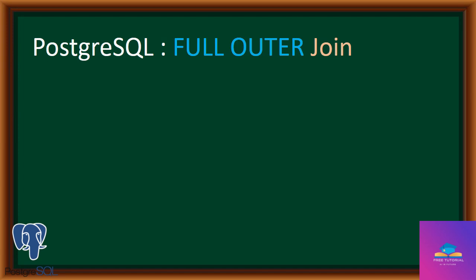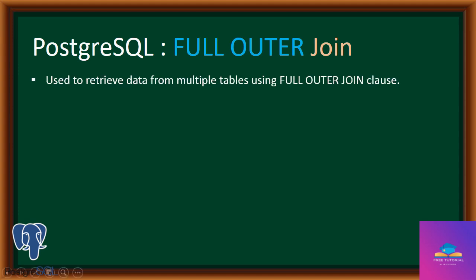Hello and welcome to this lecture. In this lecture, you will learn how to use the Postgres full outer join to query data from two or more tables. When using the full outer join, it will return data from both the left and the right tables.